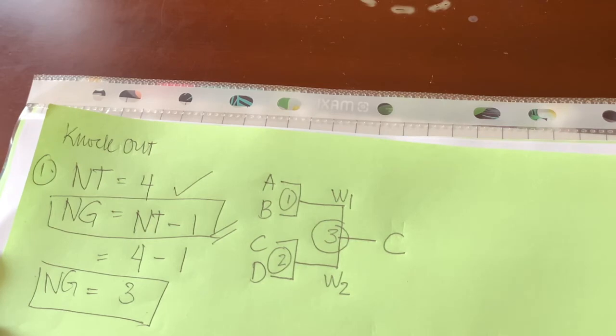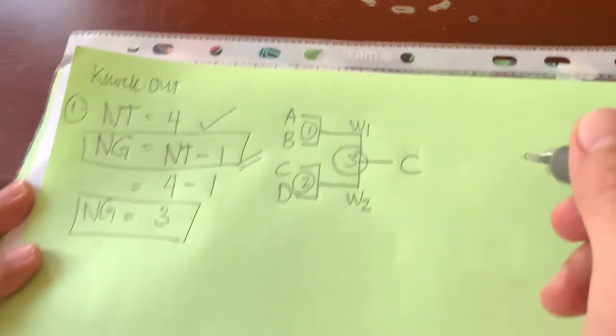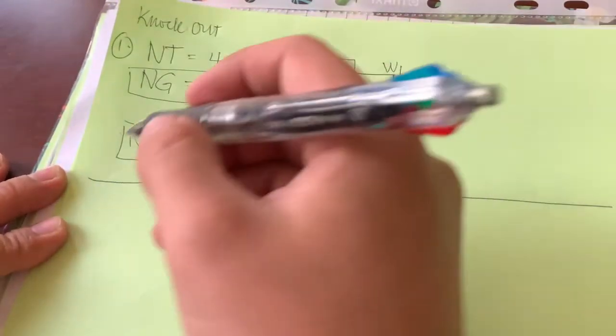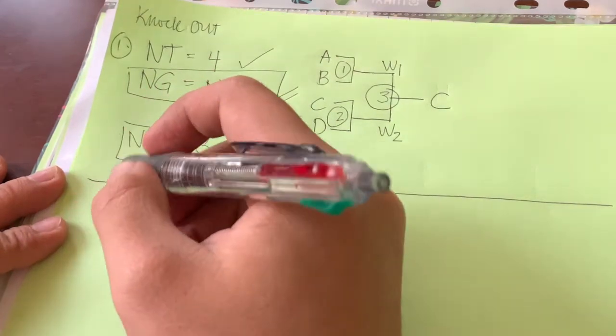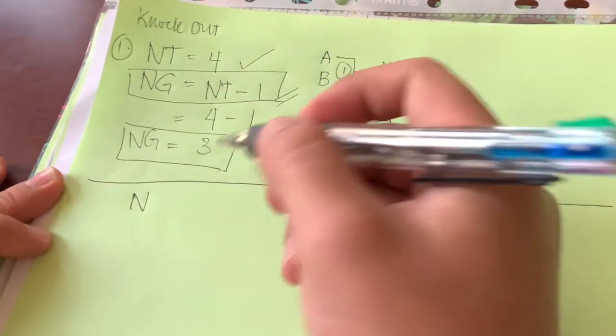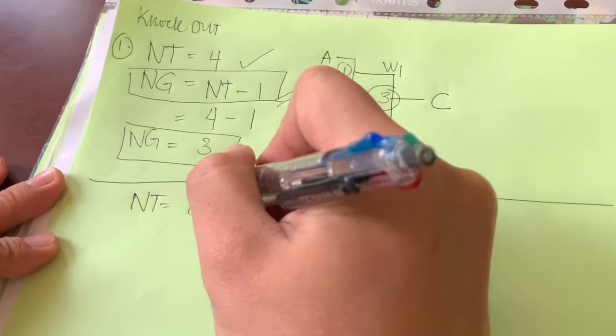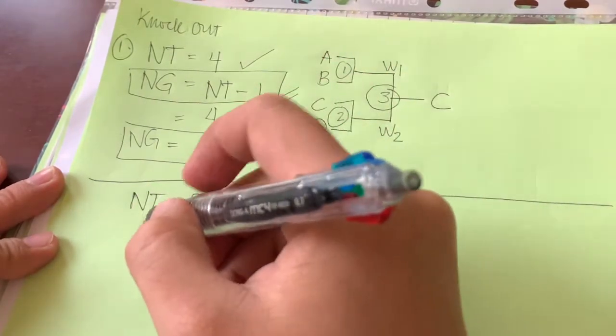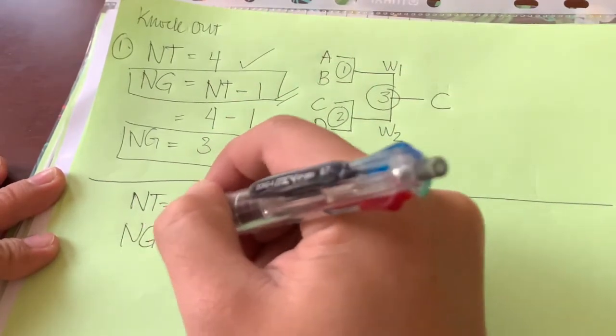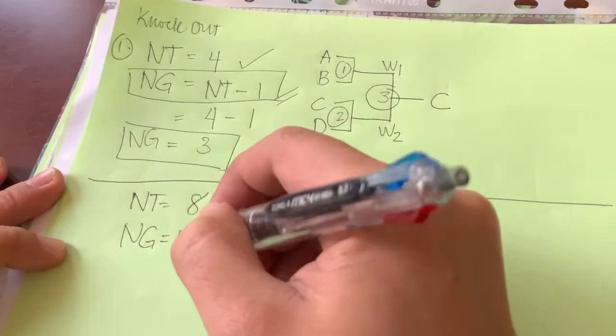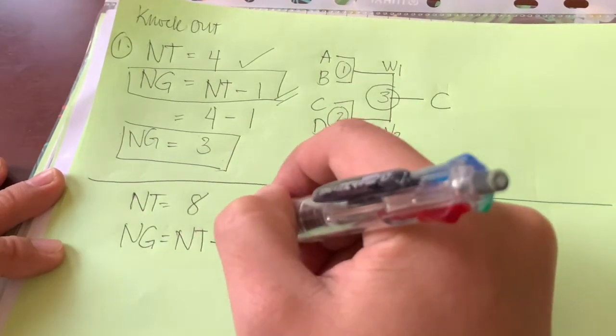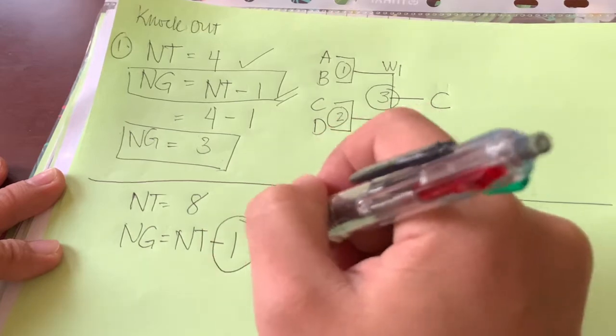So this is how we make a fixture for a number of teams. Let's go ahead with the same example, but this time the number of teams is 8. Following the formula, number of games is equal to number of teams minus 1. The 1 here is a constant.